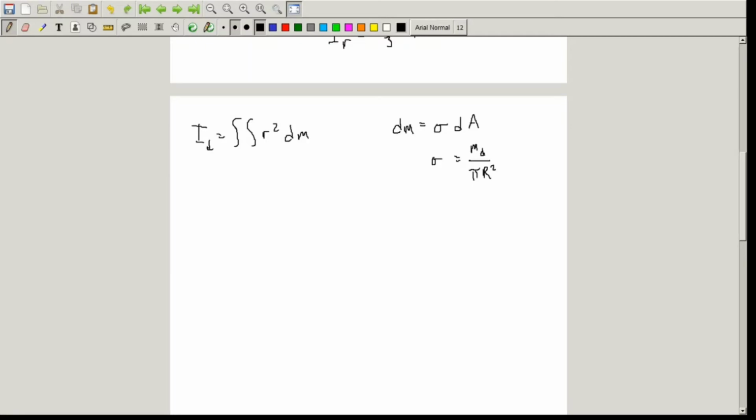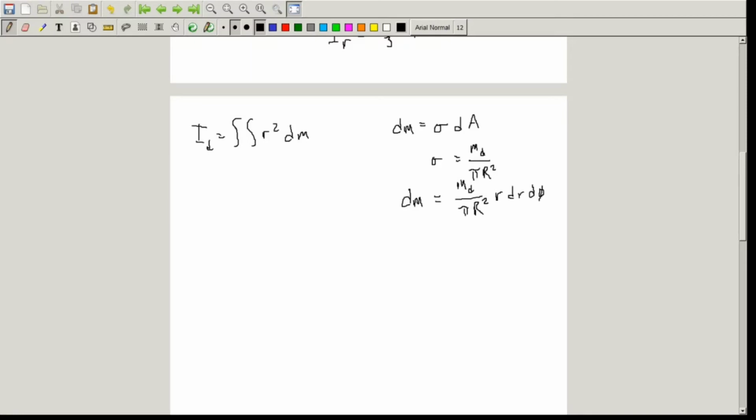Since our disk is a circular mass distribution, it'll be useful to write dA in terms of polar coordinates.